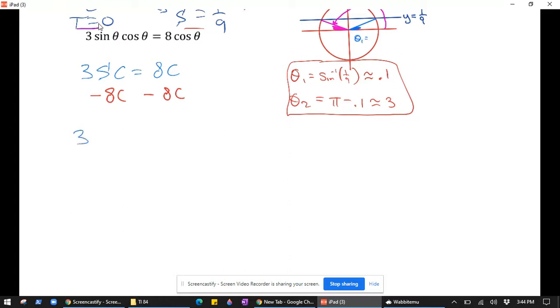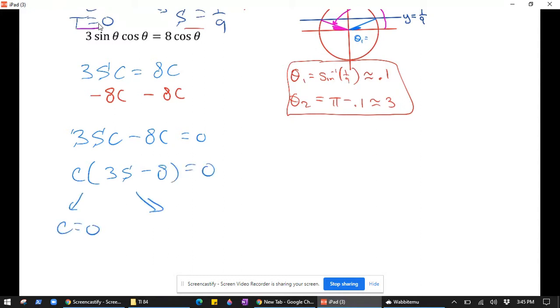So then I get 3sc minus 8c equals 0. I can factor out a c: c times (3s minus 8) is equal to 0. So that tells me that c equals 0, and this tells me that s is equal to 8/3.